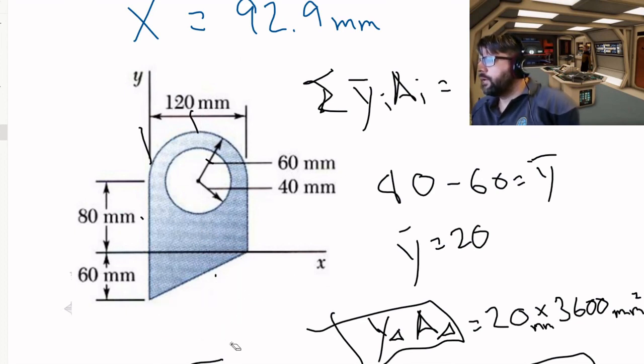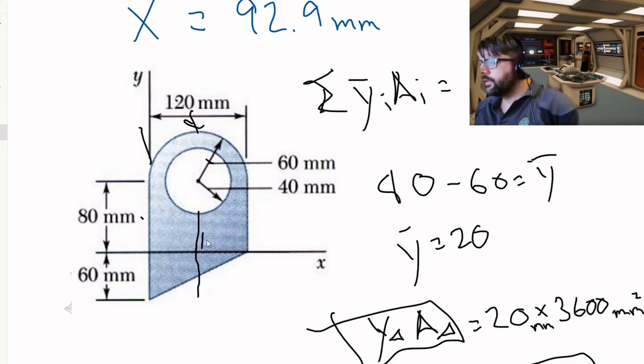which is not much, but that really shouldn't be surprising, considering that so much of the component is kind of centered about that one axis. So there's only going to be a slight shift. So that'll be located, yeah, this is probably a bit more than it is actually, but 2.3 millimeters to the side from there.